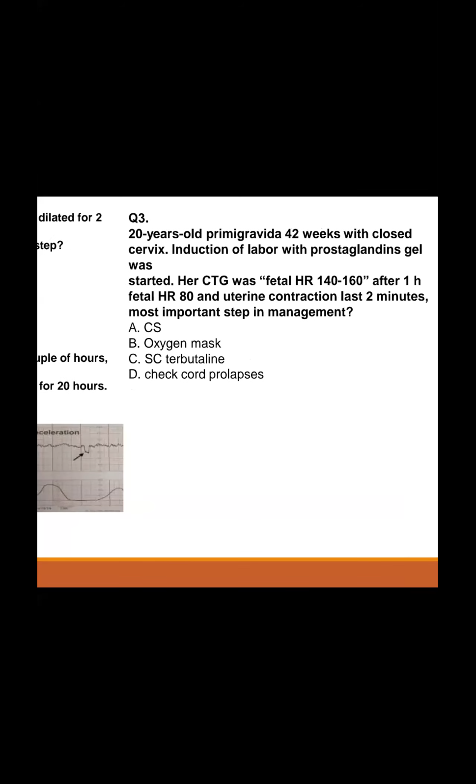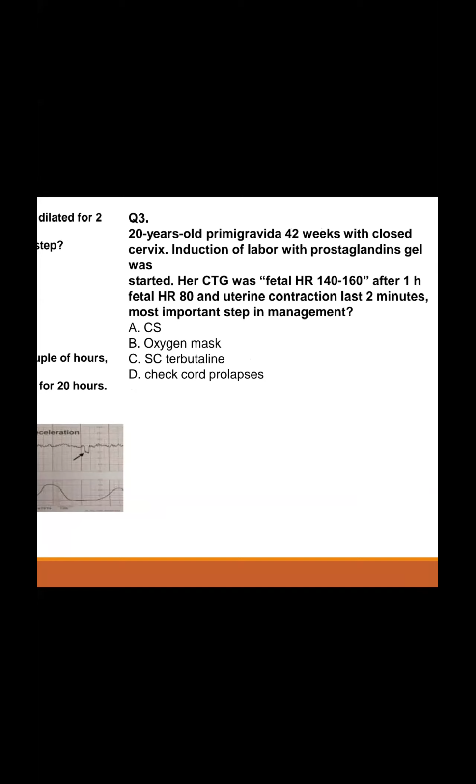Third question. The third question is very important, but not so commonly asked, though I feel they ask it from recent recall. Third question by Mehis. Yes, ma'am. A 20-year-old primigravida, 42 weeks with closed cervix. Induction of labor with prostaglandin gel was started.